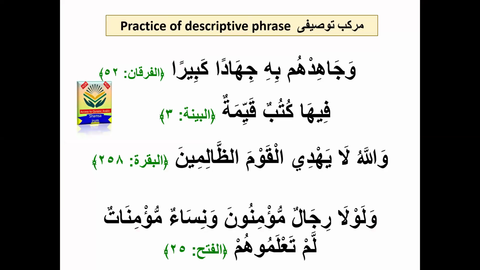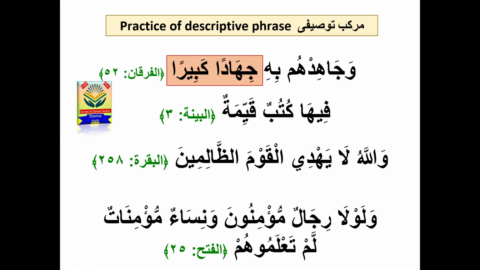Okay, next one is jihadan kabiran. I will do a few examples for you. There are a few ayat in front of you. So what you have to do in every ayah is find the Murakab Tauseefi, the descriptive phrase, with me. Okay, you can pause the video and find it by yourself.